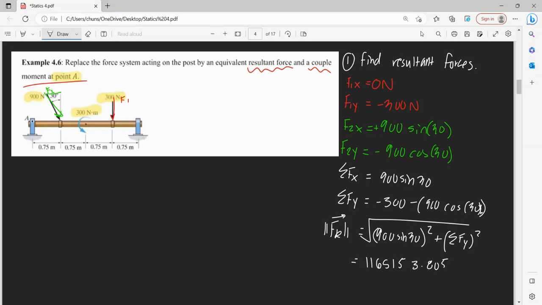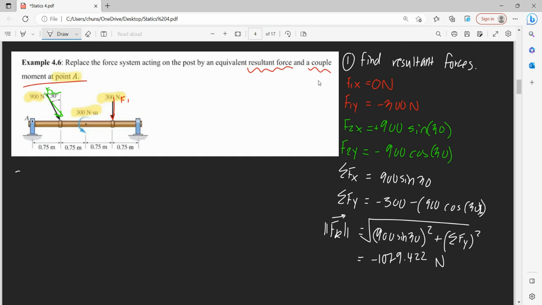Okay, so those seem to be the right numbers. So this is our resultant force in newtons. Sorry, this was a calculation error on my part. This will be negative 1079.422 newtons as our resultant force.